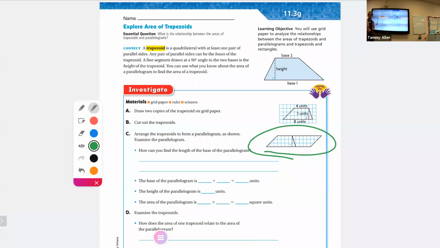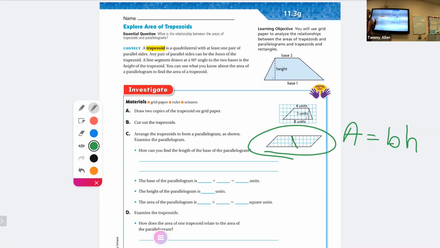Because it's a parallelogram. And the formula for the area of a trapezoid comes from knowing the formula of the area of a parallelogram. The formula for the area of a parallelogram is area equals base times height. Well, as you can see with this parallelogram, if we split it into two equal parts, we have two equal trapezoids.